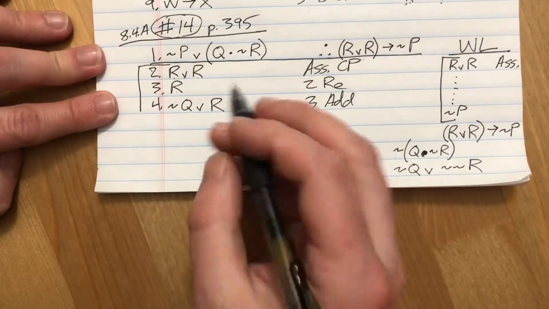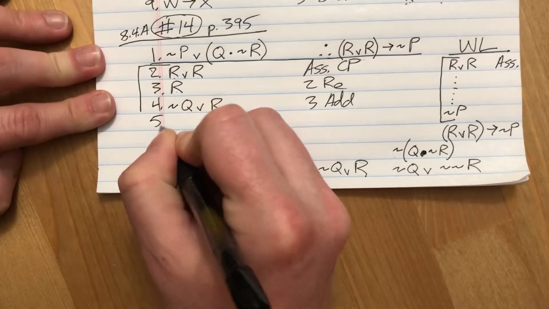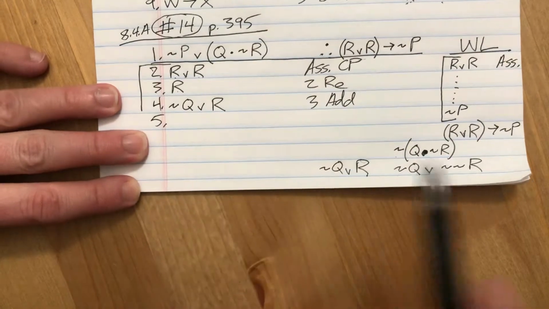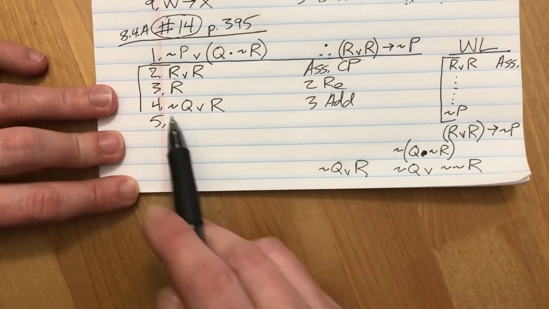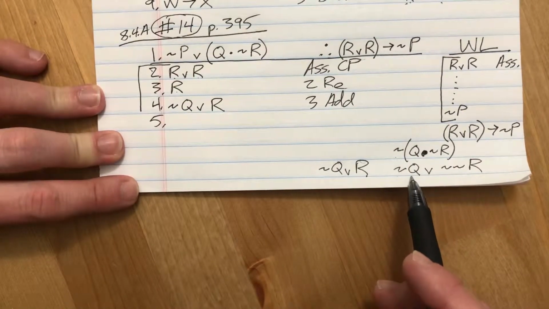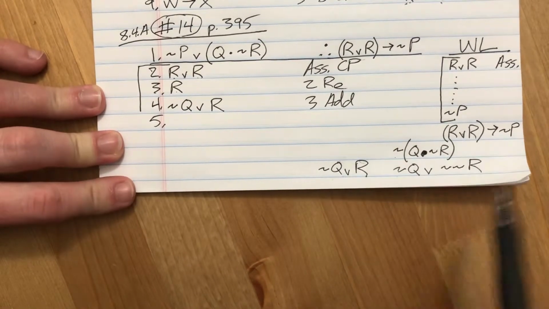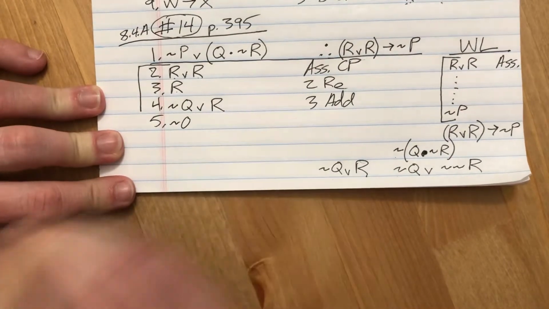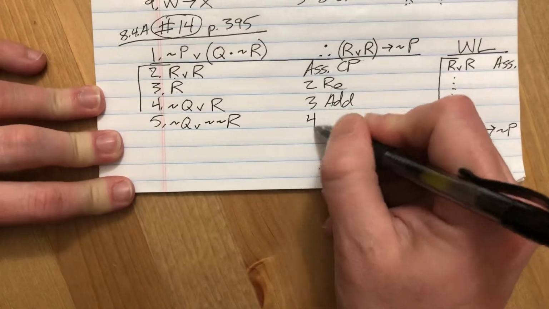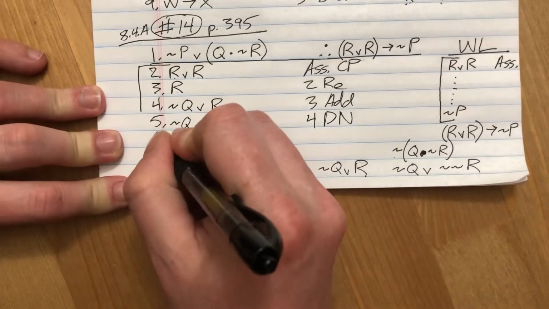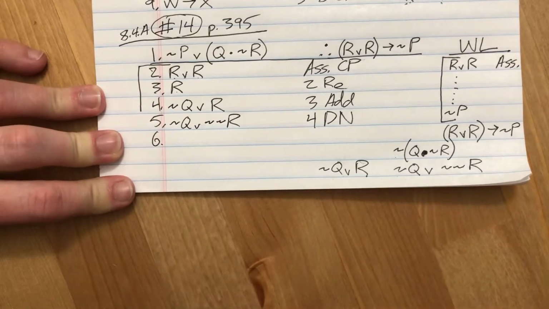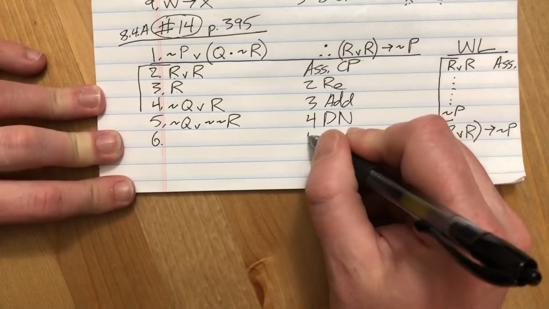So now we've added the or not Q, and now we can work forwards through the process that we just thought through backwards. So from not Q or R, we can then use double negation to get this, not Q or not not R. It's going to be 4, double negation. And then from this, we're going to get this by De Morgan's.